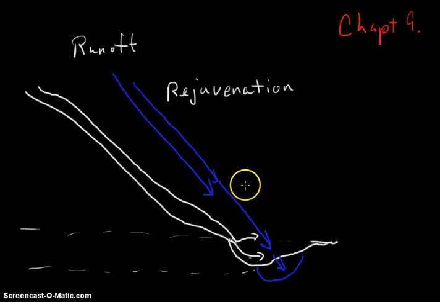Maybe I should have drawn that. That makes a little bit more sense, easier to understand. So the rejuvenation of a stream is when there is a difference in the flow of water, and at the end of that flow it cuts down into that next river or stream, and that is rejuvenation.